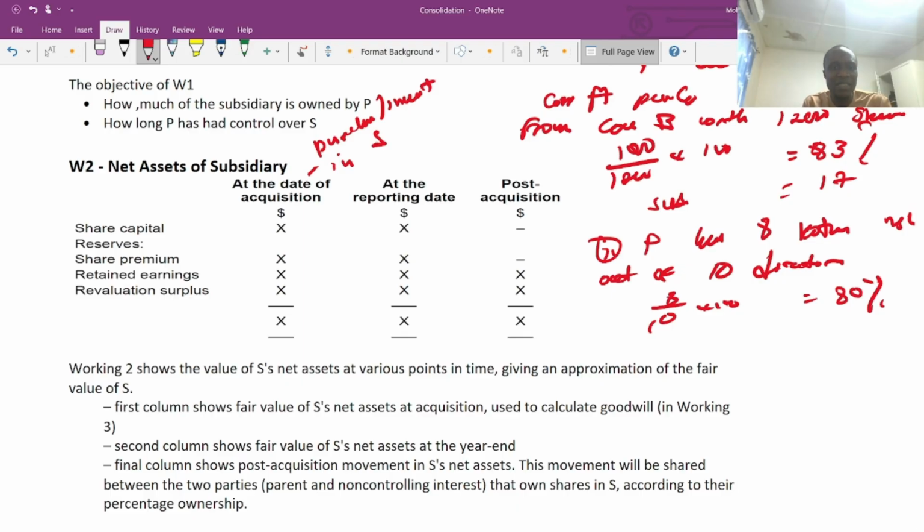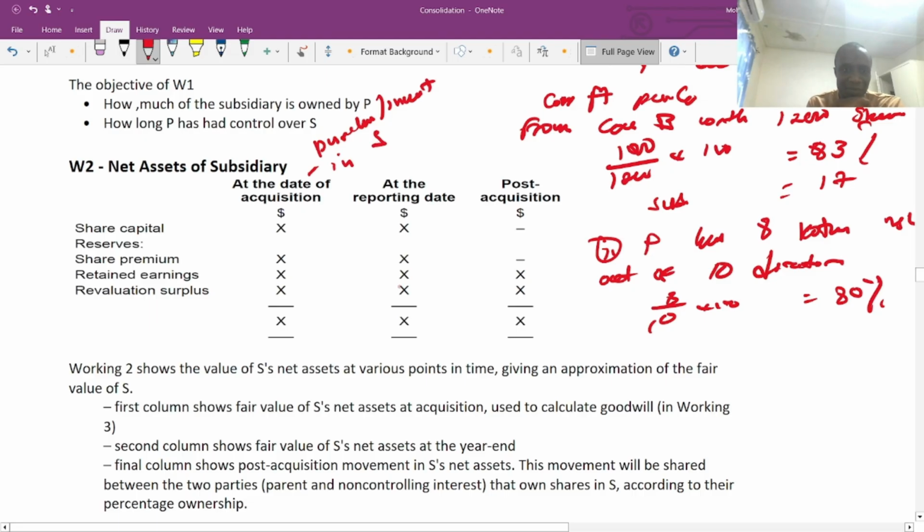Then also at the reporting date, the date that we are going to prepare the consolidated financial statement, we want to know what is the net asset of that same subsidiary, not the parent. I'm talking about the subsidiary. Look at the statement, net asset of subsidiary. So we want to know at the reporting date, what is the value of that net asset of the subsidiary?